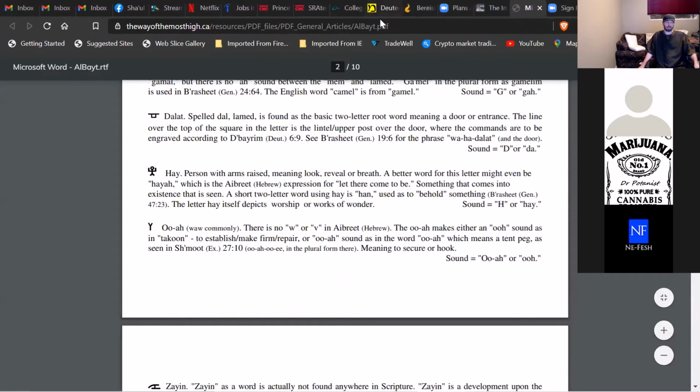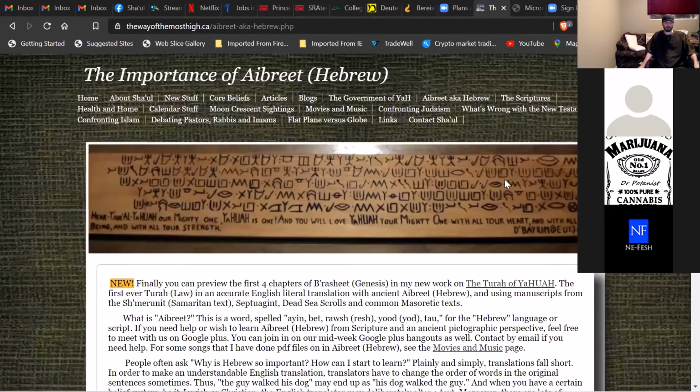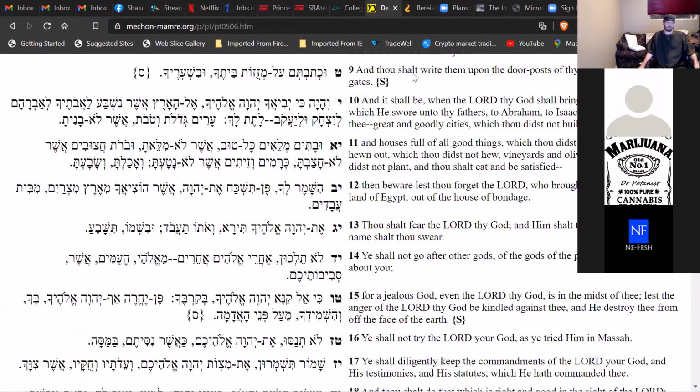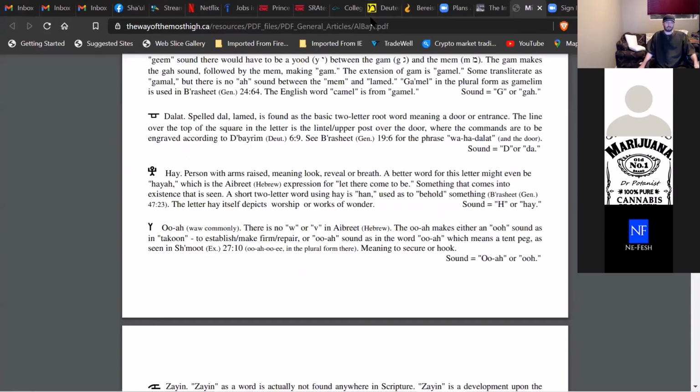Again, you can see an engraving that I had made for my doorpost at the top of my website page on the importance of Aibreet right there. That's from Deuteronomy chapter 6, verses 4 to 9 as well. We'll go to Genesis 19:6.